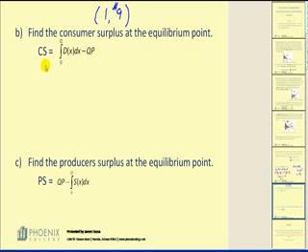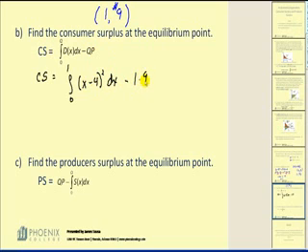So here's our formula for consumer surplus. Let's go ahead and fill in the information. We're going to integrate from 0 to 1 of the demand function, which was x minus 4 squared from the previous screen. And then we're going to subtract out the area of that rectangle, q times p, which of course is going to be 1 times 9. Okay, in order to integrate this, we are going to have to expand this.